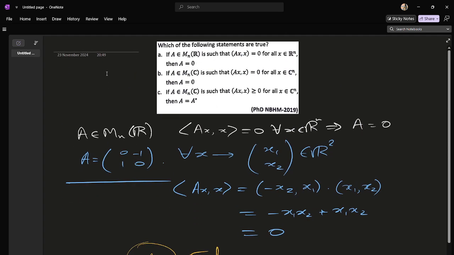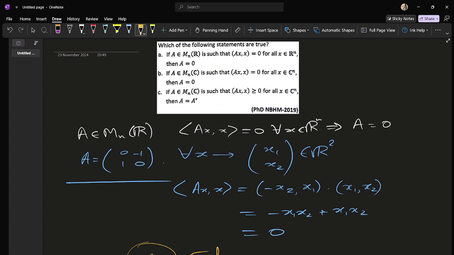So now we have to consider B. B says that if A belongs to M_n(C), that means a square matrix of order n with complex entries, such that the inner product of Ax, x is equal to 0 for all x belongs to C^n, then our A will be 0.